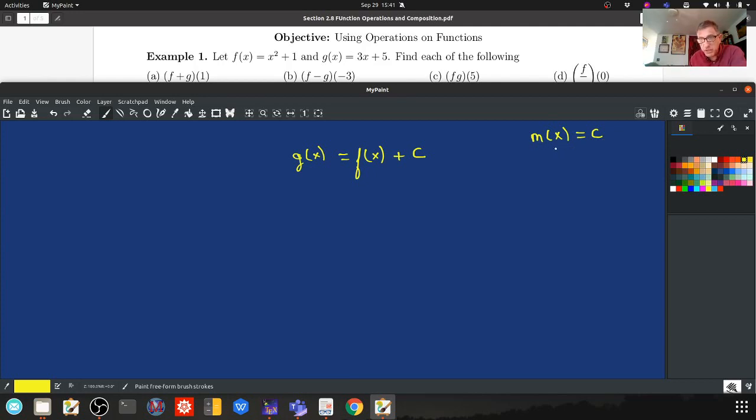Remember, the function can always be replaced by the variable y in the context of graphing, and y is equal to c is a horizontal line. So I could go back and rewrite this vertical shift as g of x is equal to f of x plus m of x.